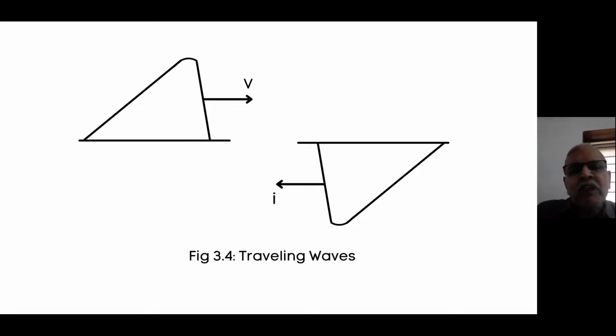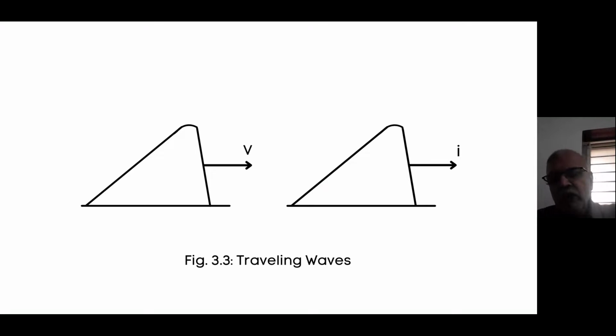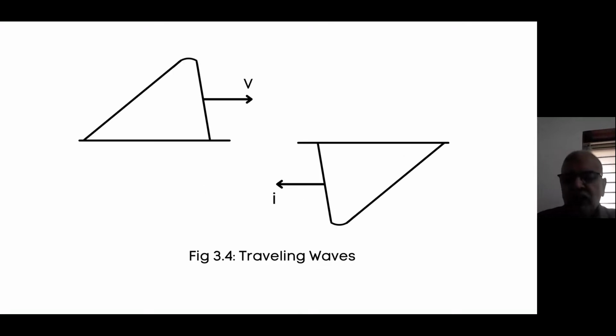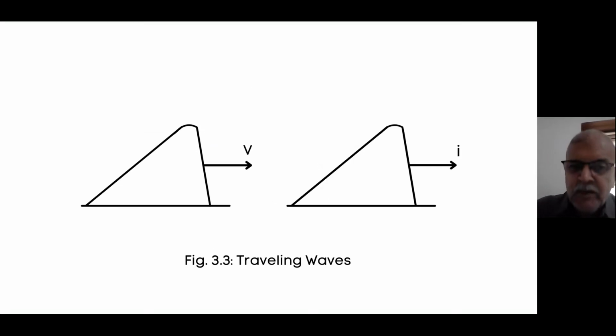And these are the waves, traveling waves. This is the forward travel and this is the reverse travel. So voltage and current both are traveling on the line. When voltage travels, it stresses the insulator, and high current is also passing. So this one has to be remembered.